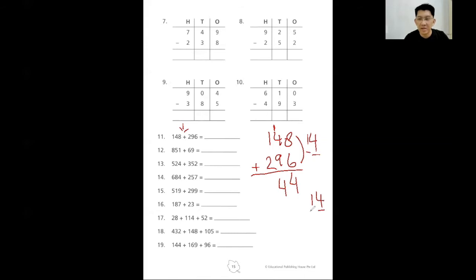And the front digit goes to the top of the next group, which is here. Now, finally, we have come to this group, the hundreds. So 1 plus 2 is 3, and then we already had 1 on top earlier, so we add that one too. So 3 plus 1 is 4. So the answer is 444.